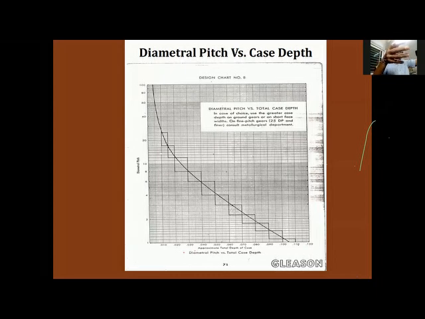Now, how much tolerance should be given will be based on the nominal case depth. If it is less than, let's say, 0.4 to 0.5 mm, then tolerance is typically 0.1 millimeter. If it is between 0.5 and 0.9, tolerance can be plus minus 0.15 millimeter.